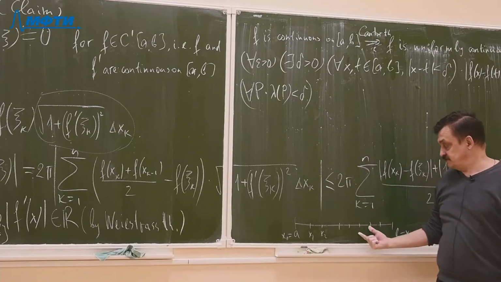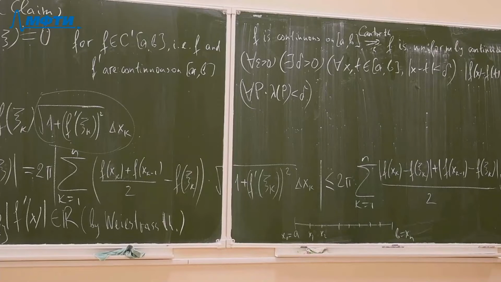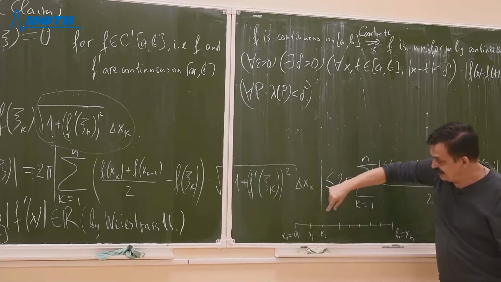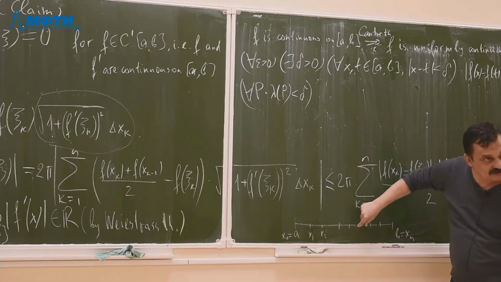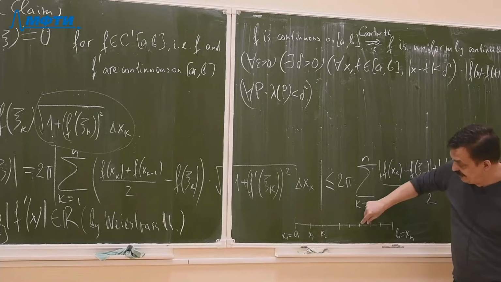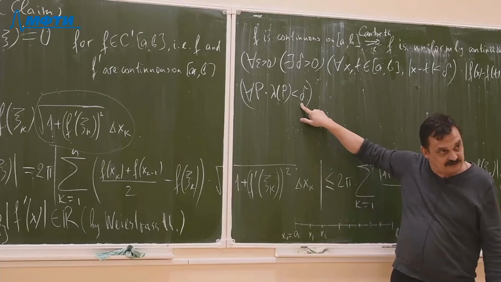Because what is the norm of a partition? Maximum of all lengths of small intervals. So each of them has length less than delta, right?